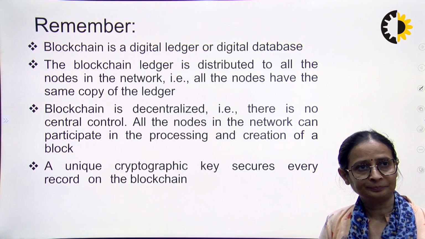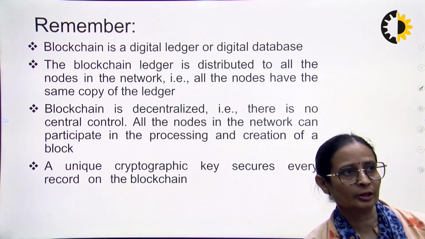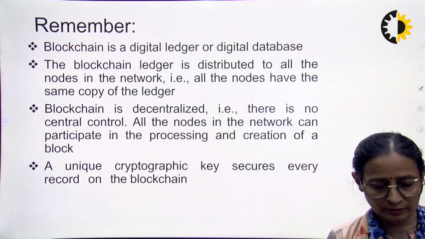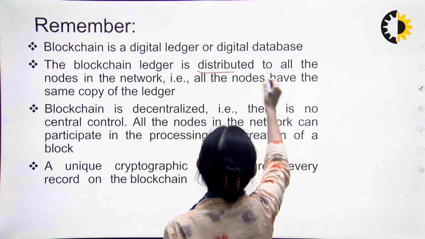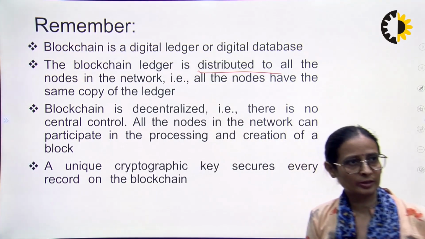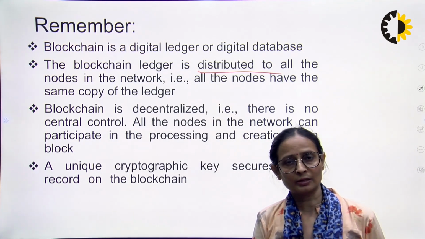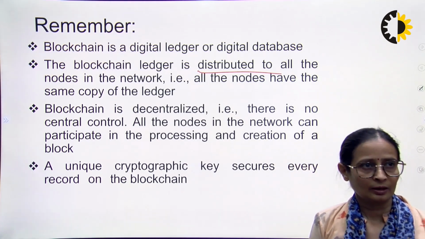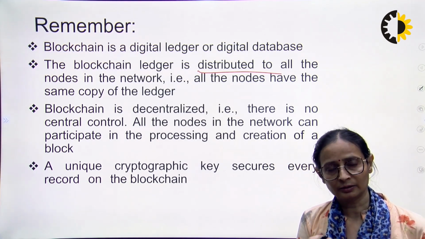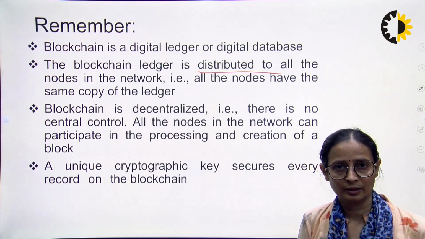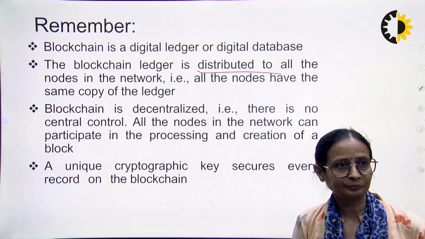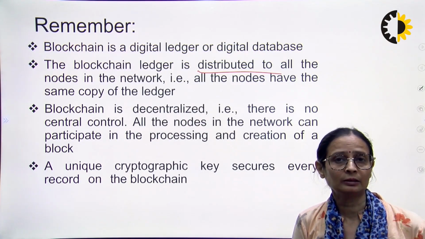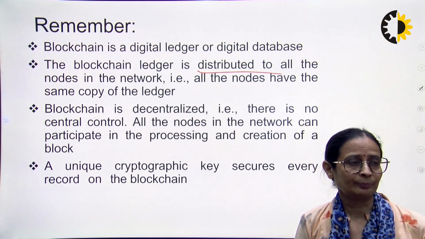The blockchain ledger is distributed to all the nodes in the network. All the nodes, which we call peer nodes, keep a copy of this ledger, and we call it a distributed ledger.